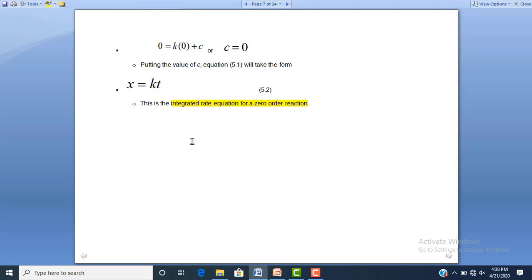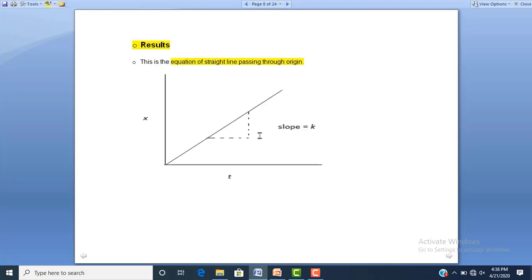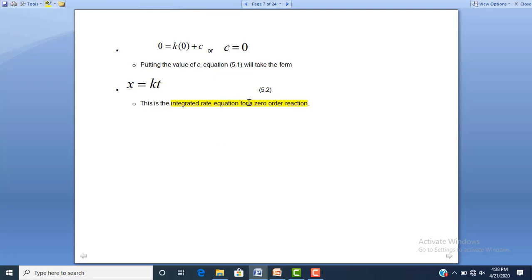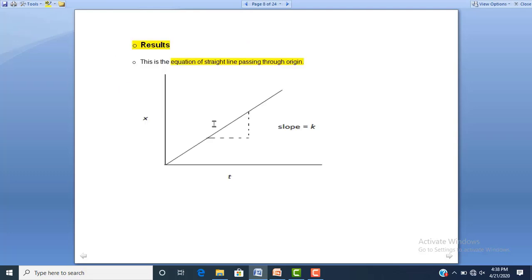Dear students, when we derive the relation x is equal to kt, it means the value of the product x will be equal to the product of the rate constant k and time. So from this relation, we have two types of results. First result is that this equation 5.2 is a straight line equation.